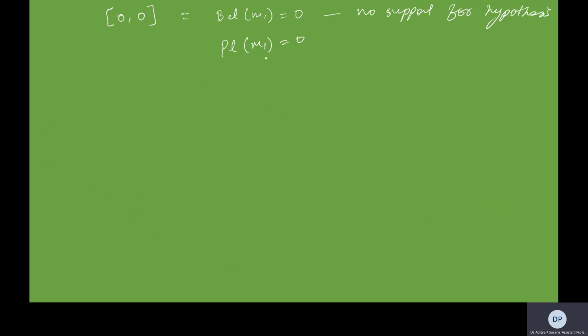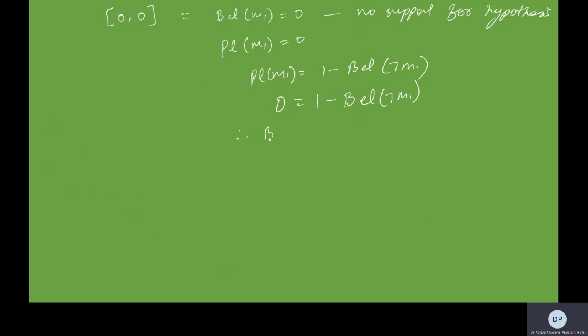Plausibility of M1 is 0. How is it possible? Plausibility of M1 is equal to 1 minus belief of negation of M1. Now we have 0, so 1 minus belief of negation of M1 is 0.